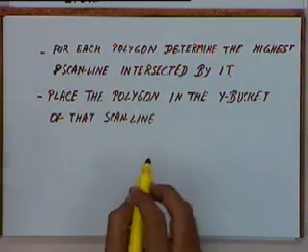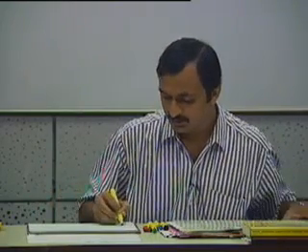Remember we have done a similar thing when doing polygon filling. There we took every edge and placed it in a Y bucket. Here we will take every polygon and place it in the Y bucket, so that we'll know when a polygon is starting, and then we can compute when a polygon is going to end.